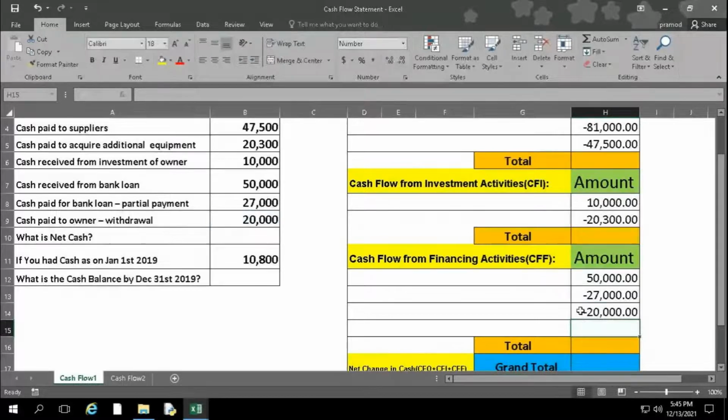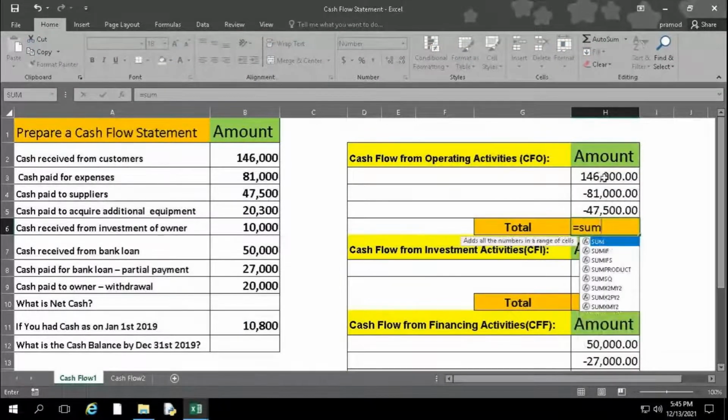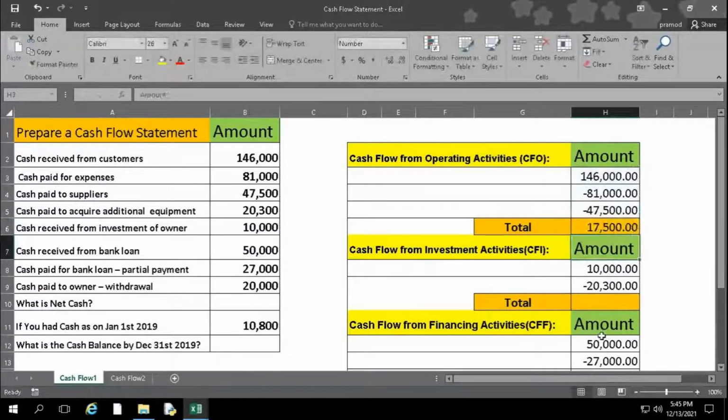So what is net cash? If you had cash on the January, this also you will keep as financing only, the retained, left out cash. So I'll keep it here itself. Now what you need to do is the sum of all this: sum of CFF, sum of CFO, sum of CFI. All three you need to do first.